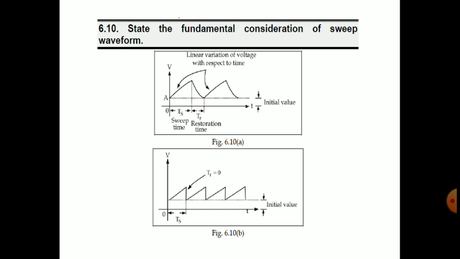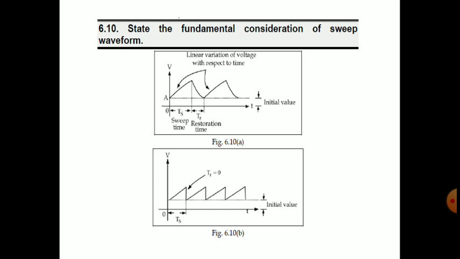Only the rising portion is the sweep, and there will be a falling portion also. The falling portion is called restoration time, and the rising portion is called sweep time. And we have the initial value. It does not start from zero, so we have a certain initial value.